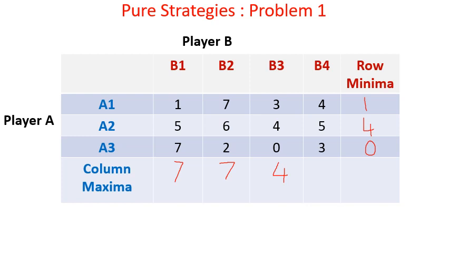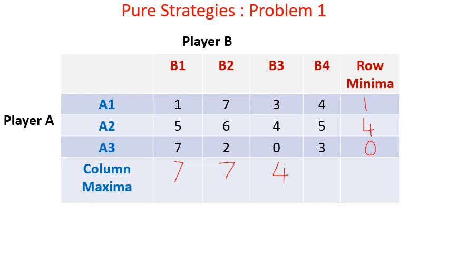A was looking at the minimum gain, B is looking at the maximum loss, correct? So these values 1, 4, 0, the row minima, reflect the minimum gains for player A if he or she selects that respective strategy. Similarly, this 7, 7, 4 represents the maximum loss that B can experience if it selects B1, B2 or B3.